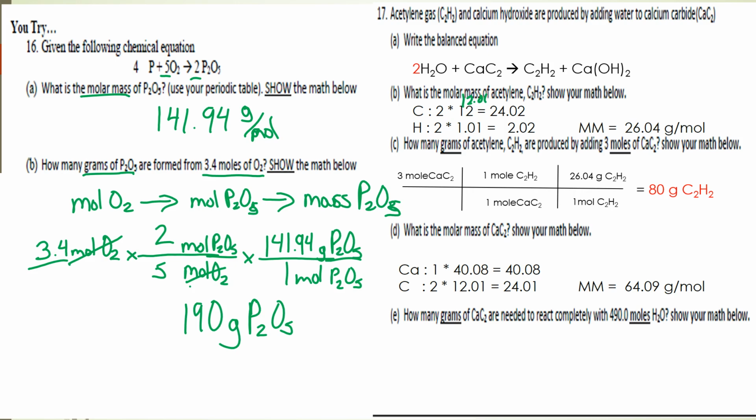So mathematically, that doesn't change anything. So all we're really doing is multiplying the 3 moles times the 26.04. I can only have my answer in 1 sig fig. I believe the calculated answer is something like 78, but I have to round it to 1 sig fig, so 80 grams.